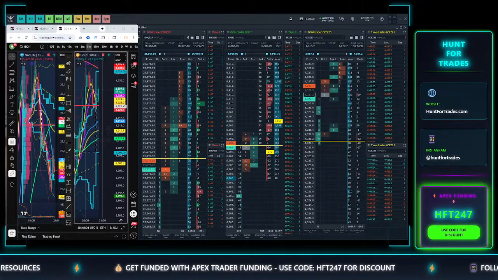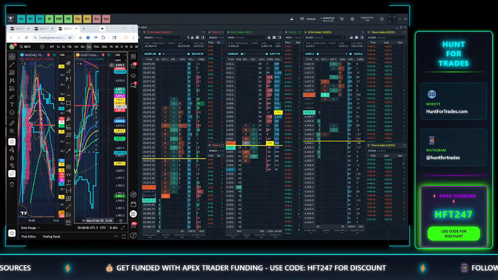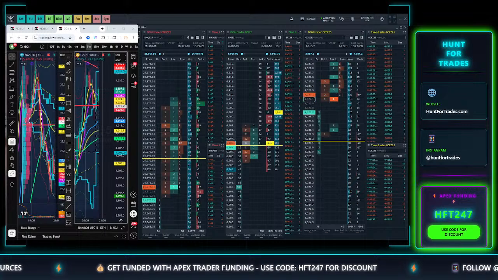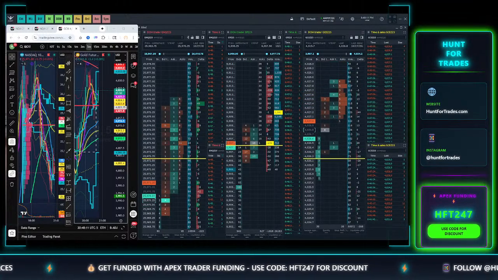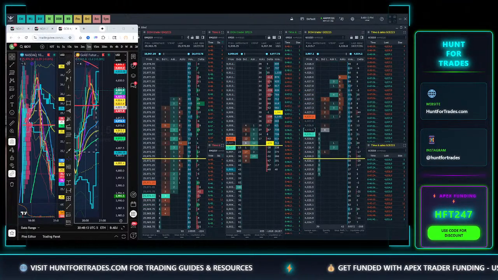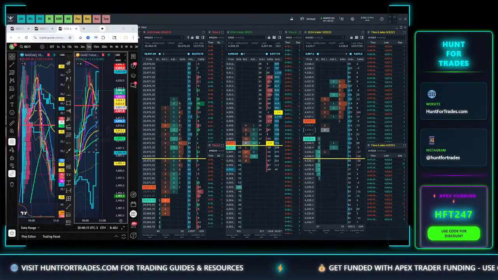Okay. So could NASDAQ get back up here? I may be looking for some shorts. I'm gonna be seeing though, see what plays out.